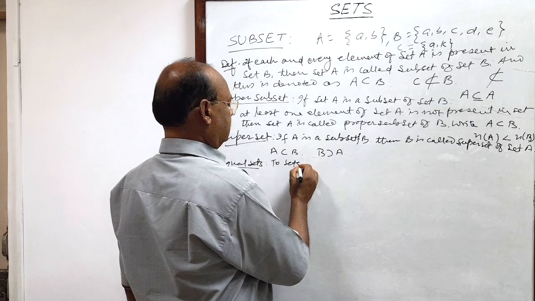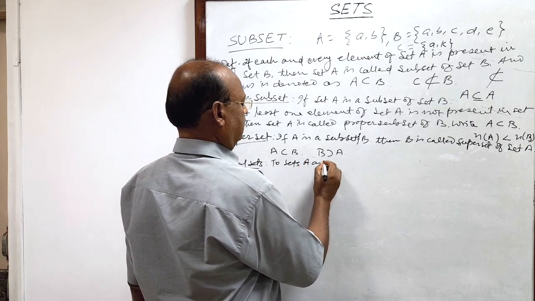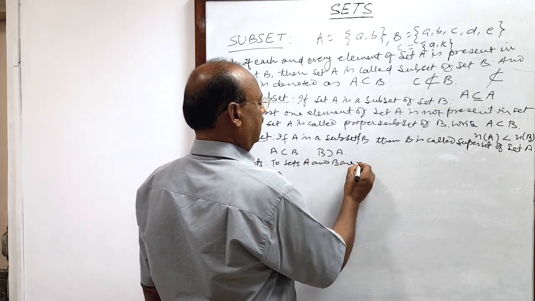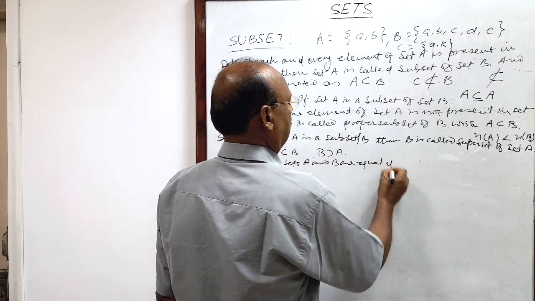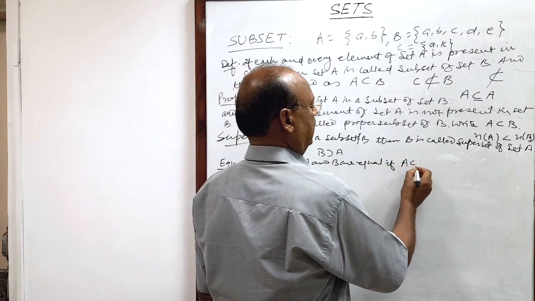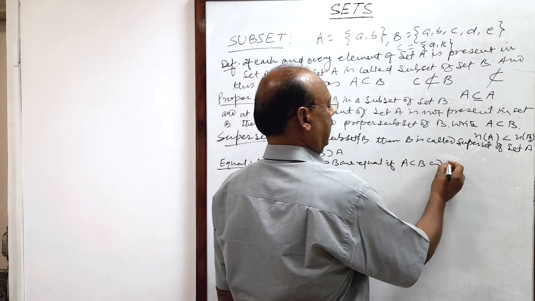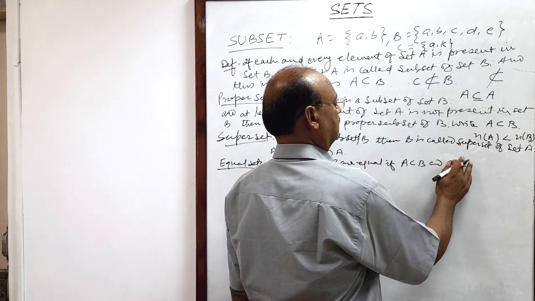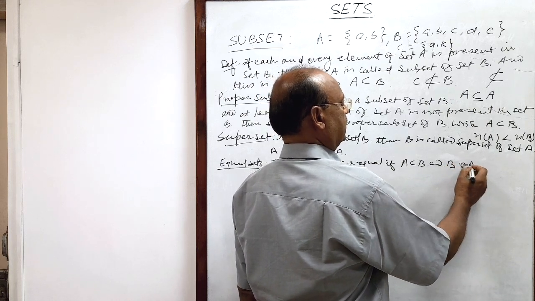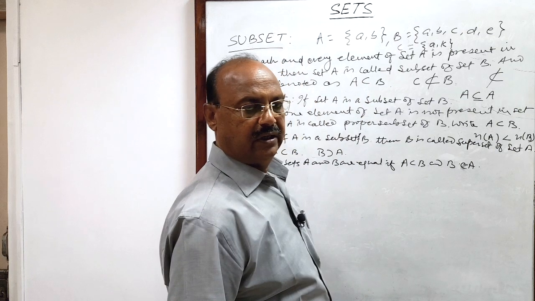Two sets A and B are equal if set A is a subset of B and B is a subset of A. Clear?